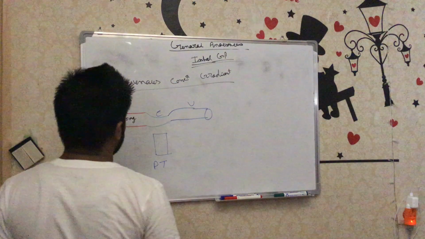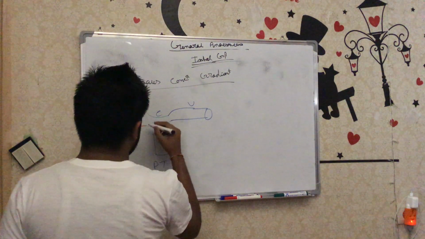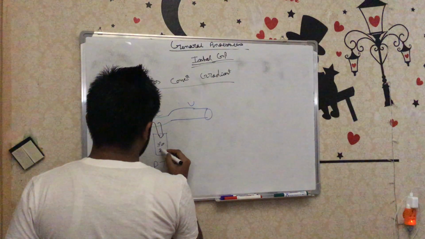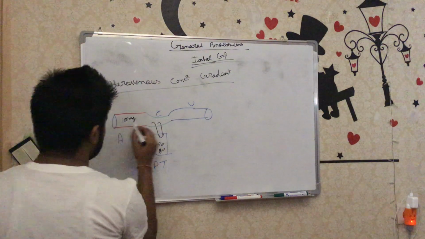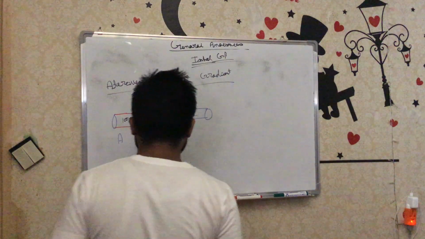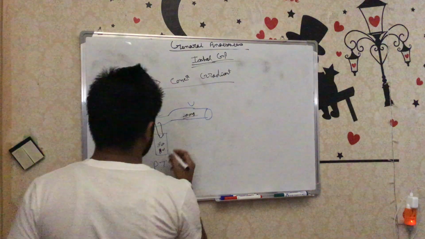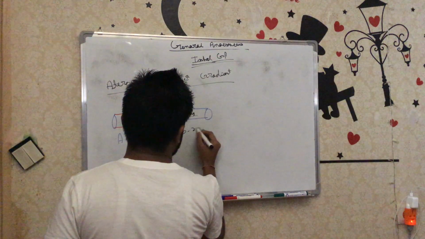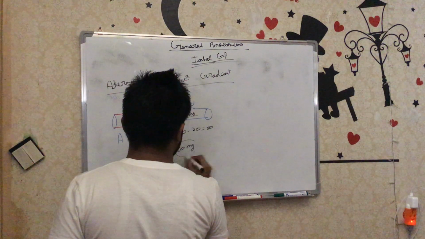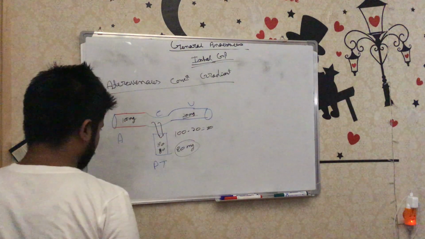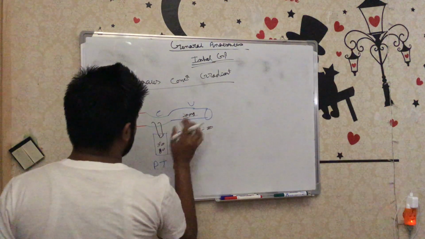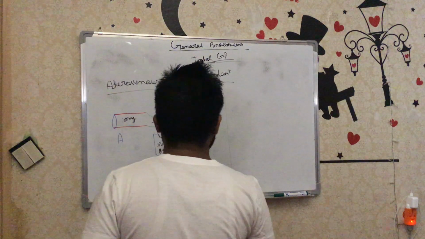When it circulates in the blood, 80% is absorbed, and in the vein 20 mg will be there. What is the arteriovenous gradient? 100 minus 20 equals 80. So the arteriovenous gradient is 80 mg. This is for patient A.